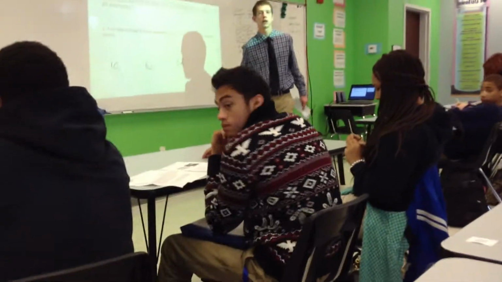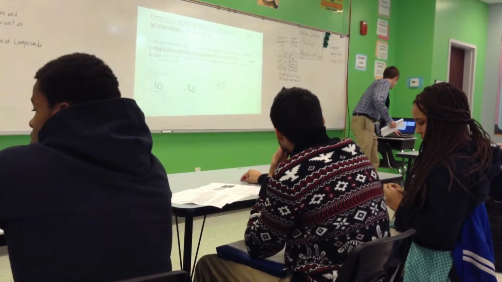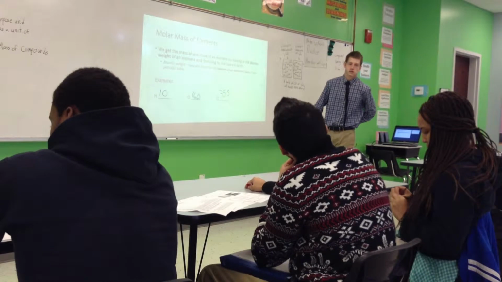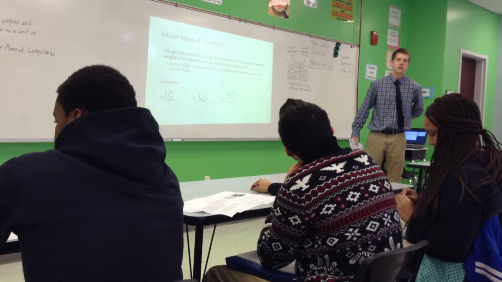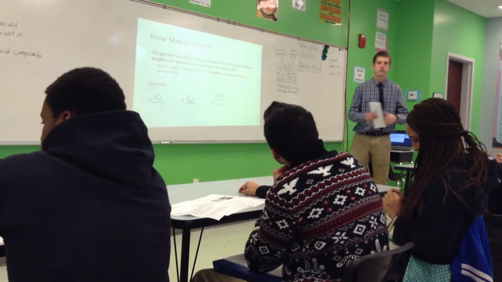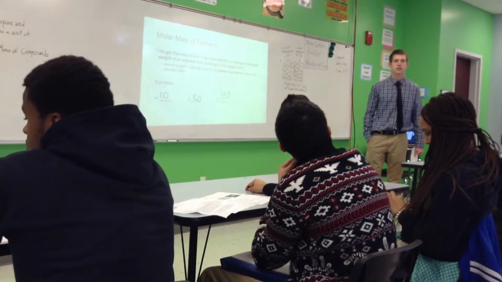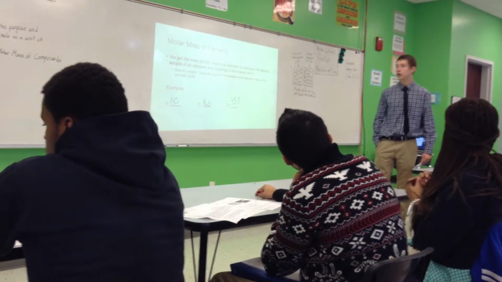Sorry, guys. It's been a while since I've looked at molar mass. On that previous slide, Mr. Gasser, if I remember correctly, just to check my own understanding, for 35.5, is it grams or kilograms? Grams.